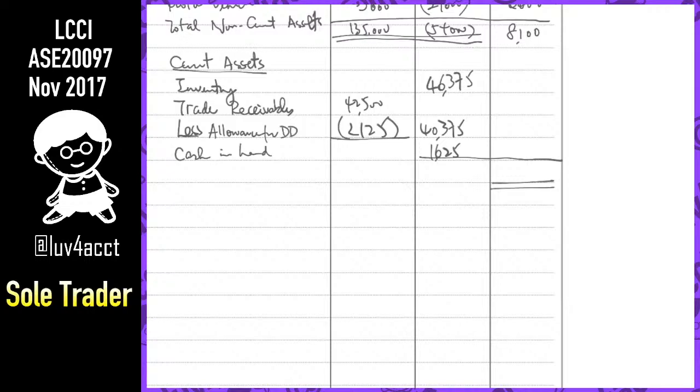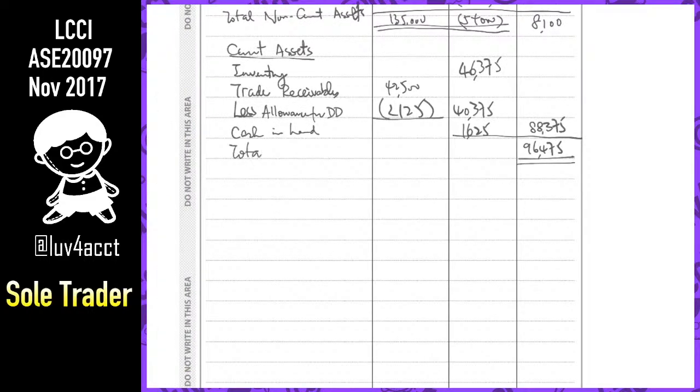That will give you a total of 88375 plus 96475. Good. Total assets.